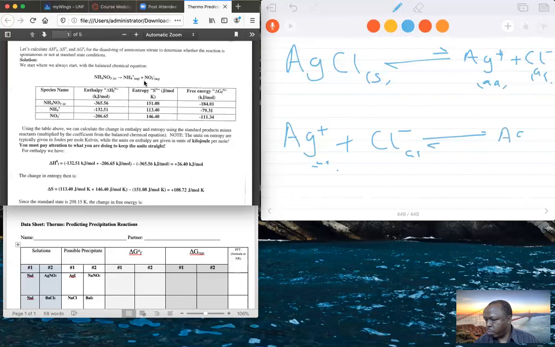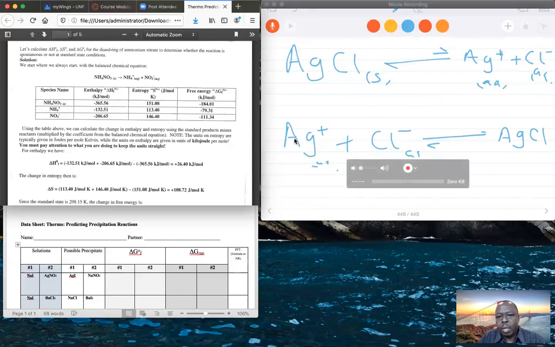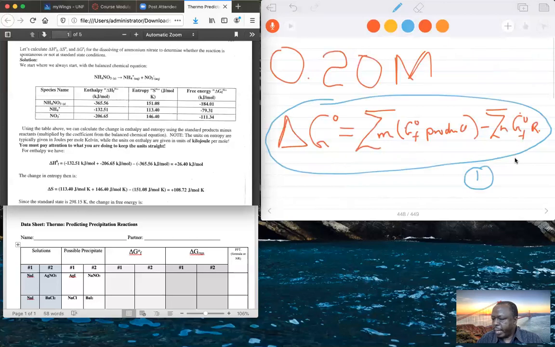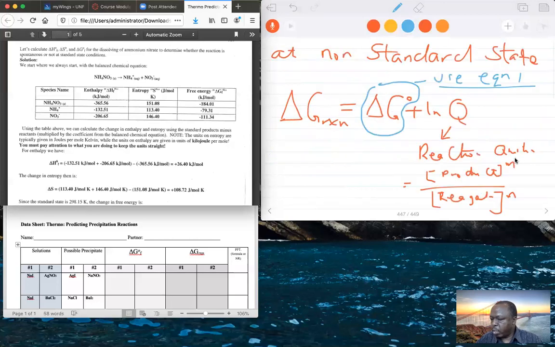Will this form? That is what we are trying to determine: will two ions form a precipitate if we mix? And we can use this equation at non-standard state. What I'm trying to show you is how we're going to get this using the product there.